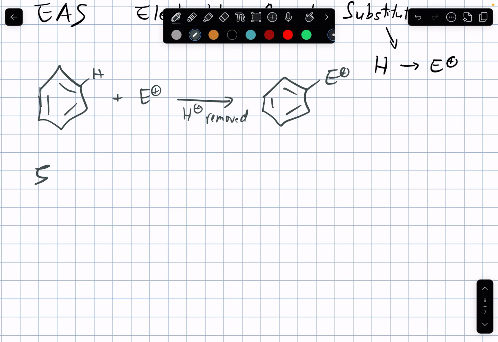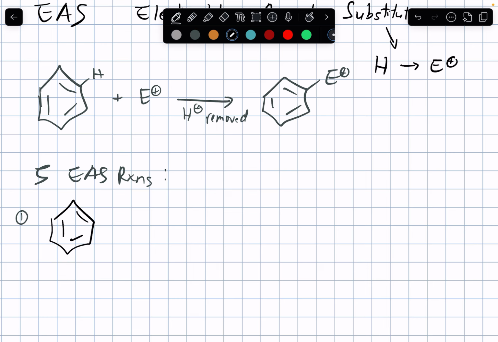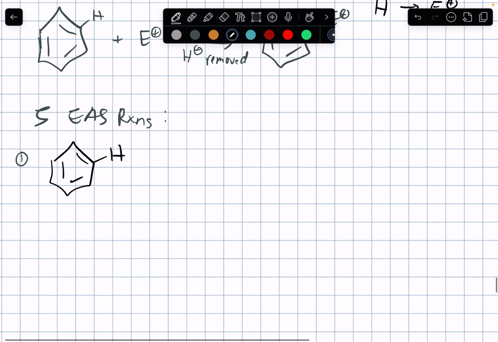Okay, let's now list the 5 EAS reactions. So always in the reactant side we'll have something like this, okay? You write hydrogen there for emphasis, although it's already understood that there's a hydrogen there.